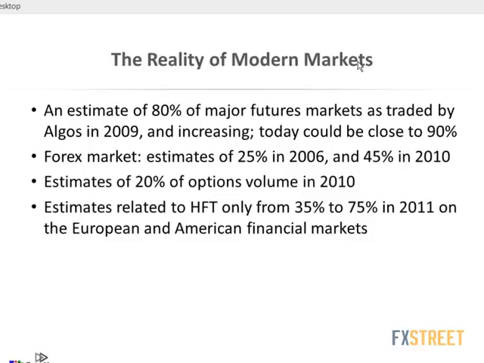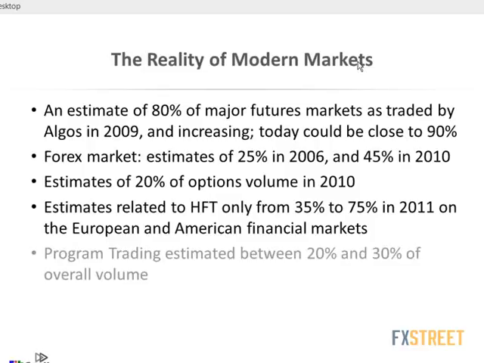Of course, high-frequency trading reaches a big chunk of volume in the European and American financial markets. In 2011 it was estimated between 35% and 75%. There's also program trading, estimated between 20% and 30%. This is a very important class of algorithms.